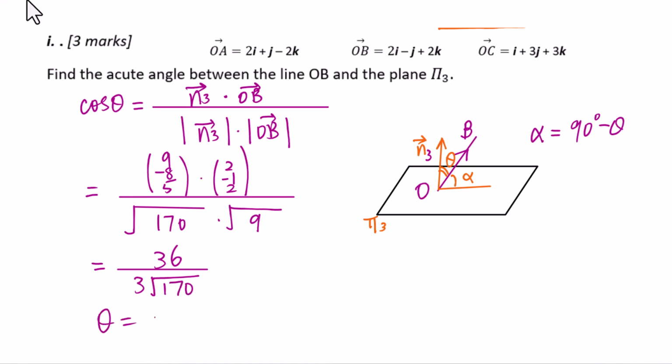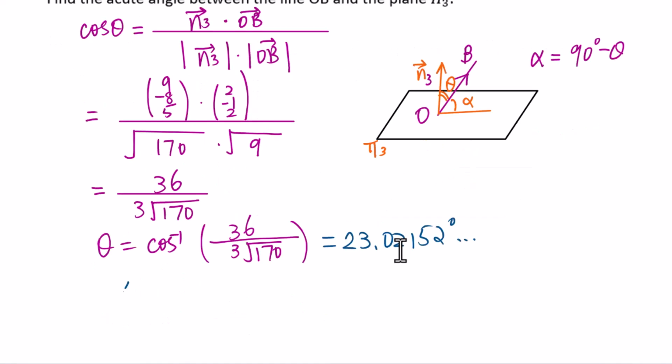So theta equals inverse cosine of 36 over 3 square root of 170. You don't need to reduce 36 and 3 because the calculator will do the work for you. Then alpha equals 90 degrees minus theta equals 67.0 degrees.